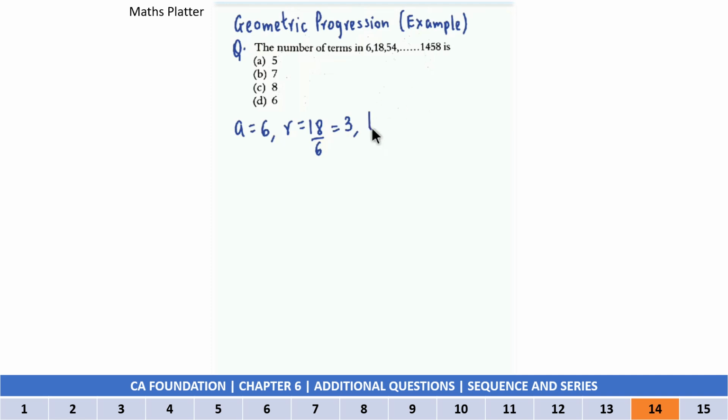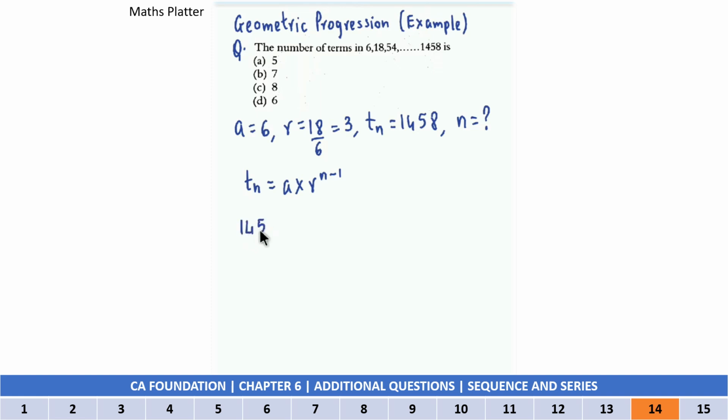The last term, suppose we call it Tn, is 1458, and we have to obtain the number of terms, that is n. Now we know for a GP, Tn is given by A into R raised to n minus 1. Now we substitute all these values here.